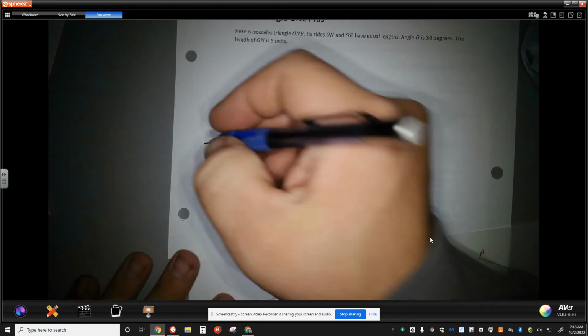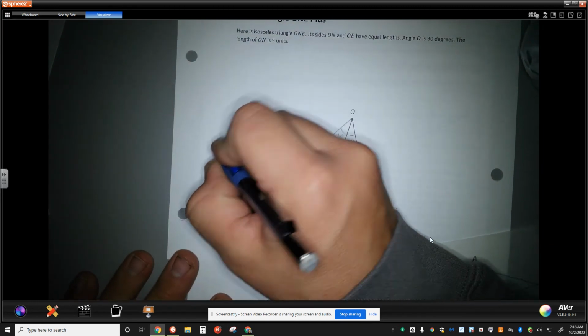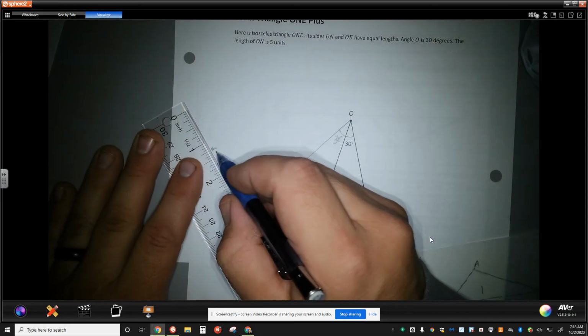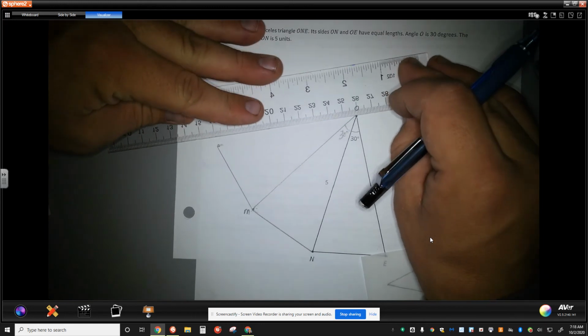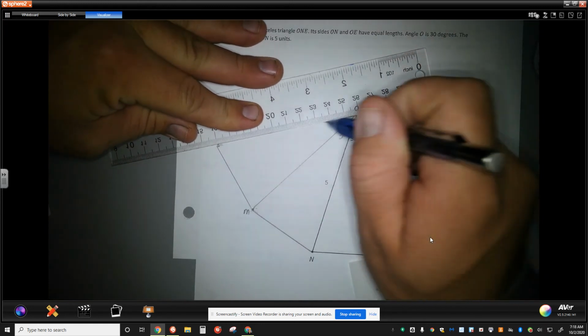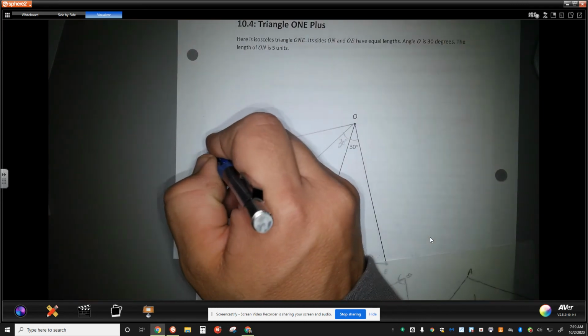We get that transfer of the information here. And we labeled that one as T.